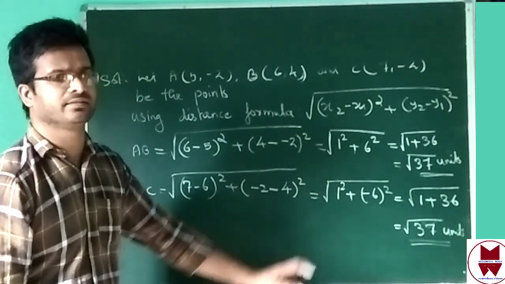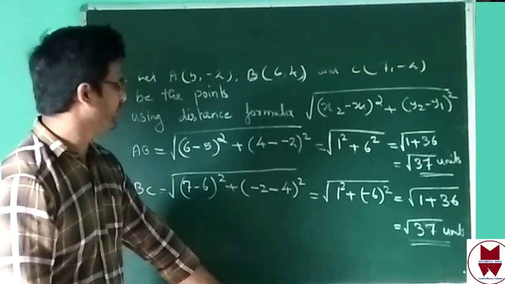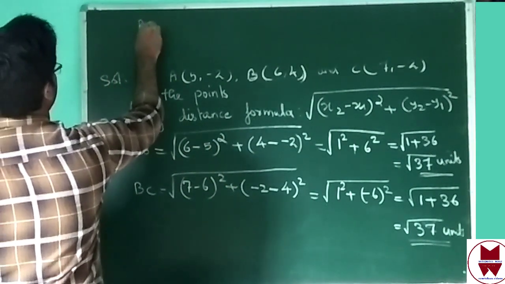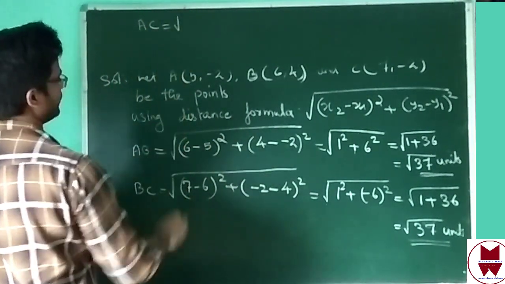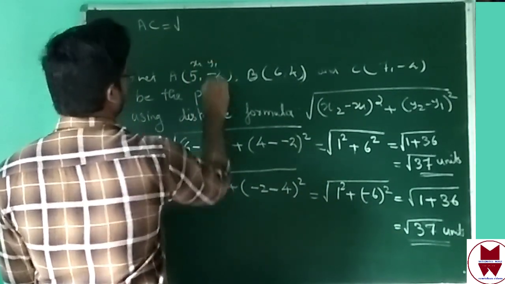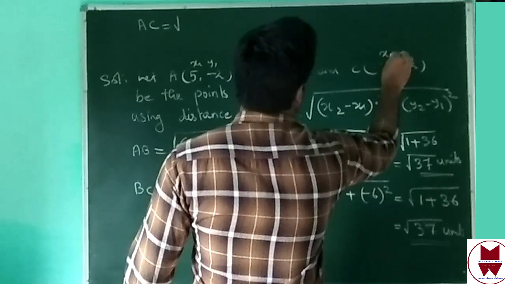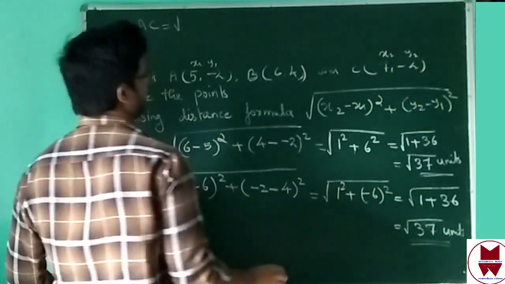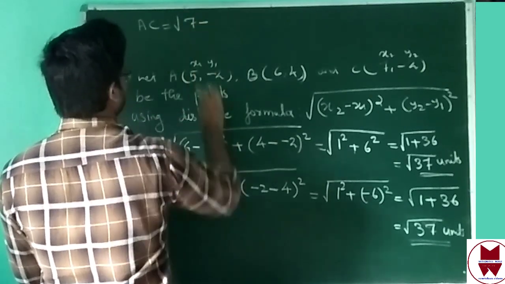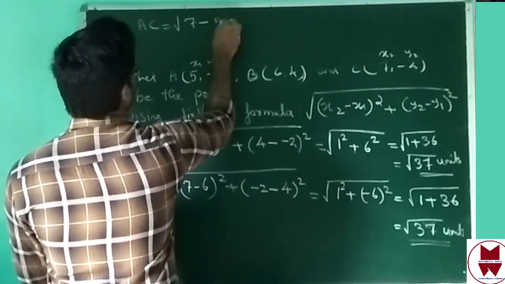Don't write directly that this is an isosceles triangle. Again, you have to check AC also. Square root of... AC. It will be x1, y1 and C means x2, y2. x2 minus x1: x2 means 7 minus x1 is 5.